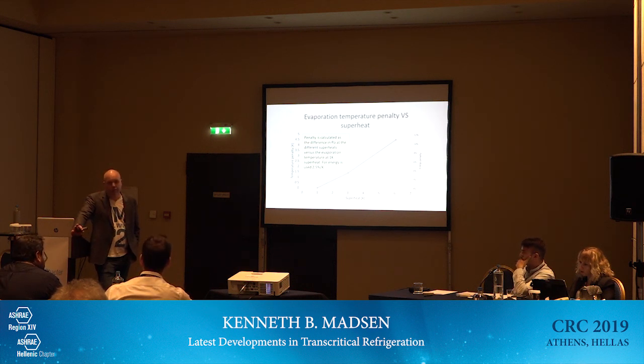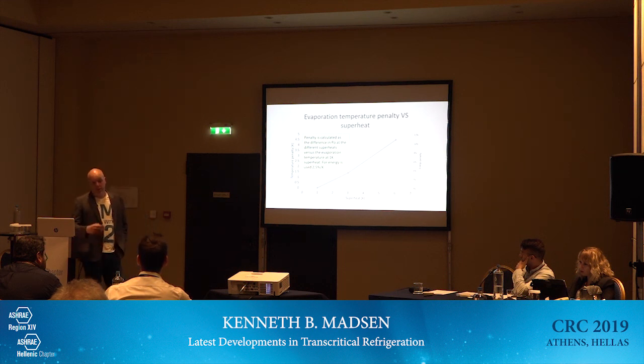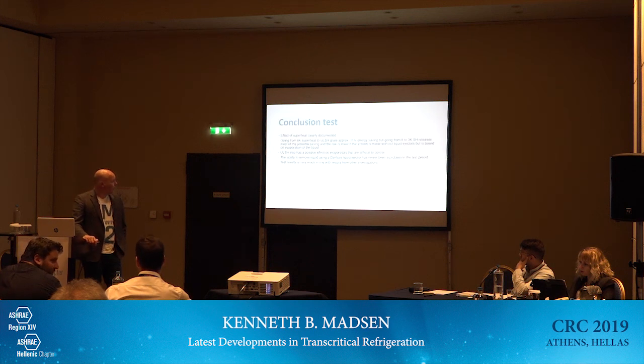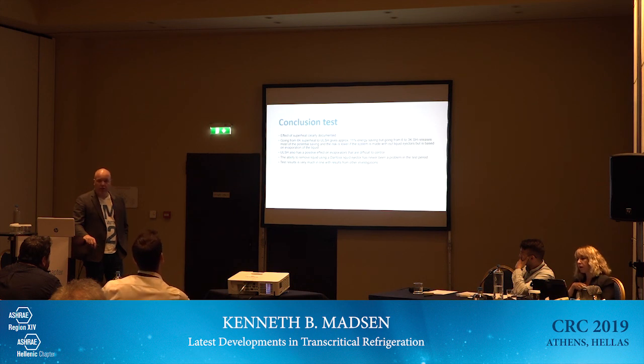That's for the MT part, but the LT part is usually smaller. But if you apply the same principles on LT, you'll get to see the same savings. So basically, I think that the saving on ultra-low superheat is actually quite well documented in this study at least.